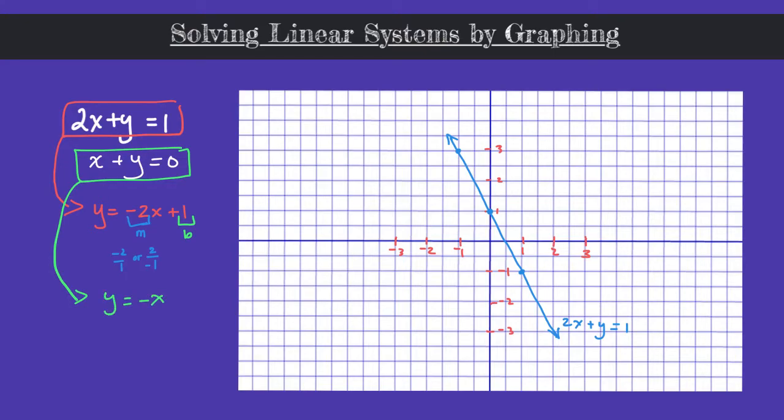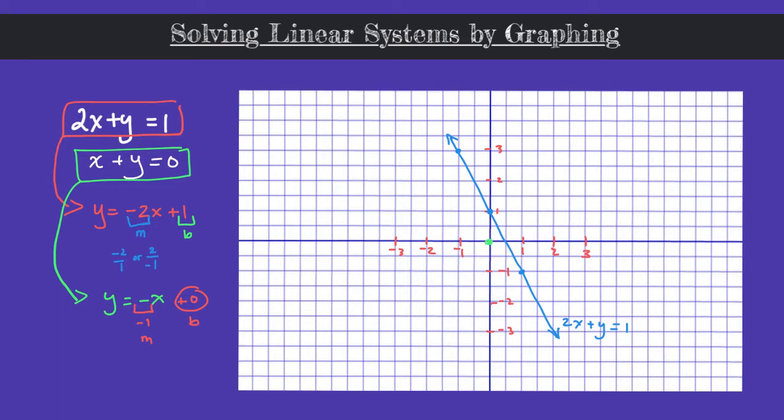When you look at this equation, y is equal to negative x, the negative is almost like negative 1, or it is negative 1. That is our slope. And your b is going to be 0. It's almost like saying plus 0. That is your b. So in other words, the graph crosses the y-axis at 0, 0.